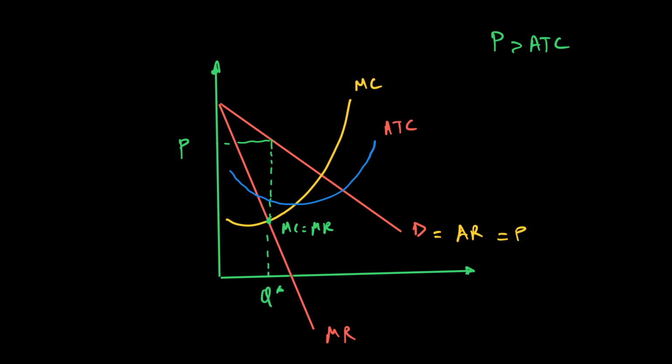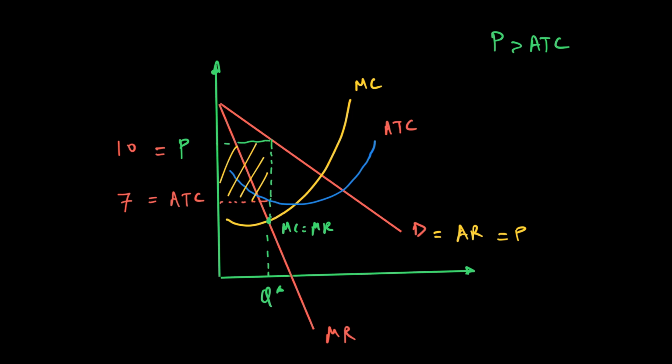Why? Because I'm trying to show supernormal profit. So here my ATC will be basically at this point. Let's say if my price is $10, my ATC is like $7, and I'm making a per unit profit of $3, and that's how we show supernormal profit in a price setting situation where MC equals MR, price is greater than ATC, and we're making a supernormal profit.